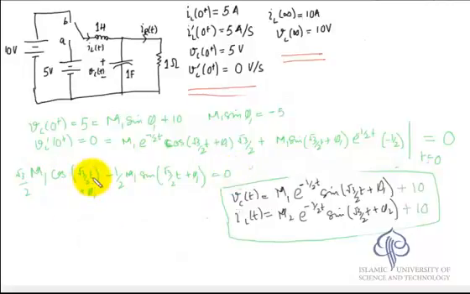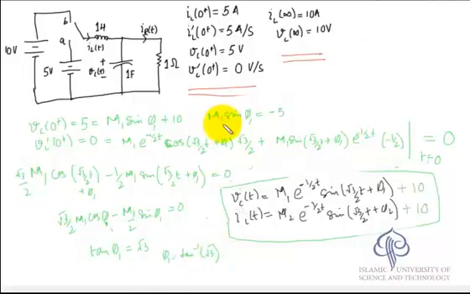Again, t has to be put as 0. So this is root 3 by 2 M1 cos phi 1 minus M1 by 2 sine phi 1 equal to 0. So this gives us, taking this on the right hand side and dividing, tan phi 1 is equal to root 3. So phi 1 is tan inverse root 3.